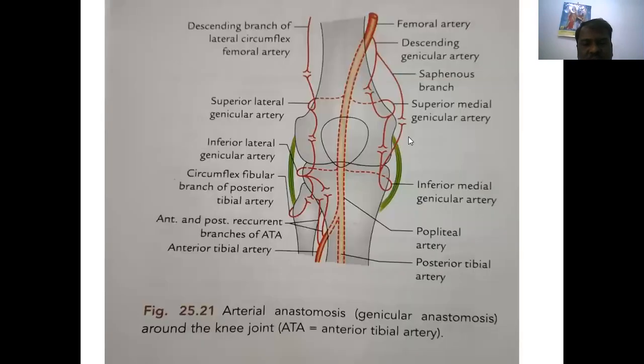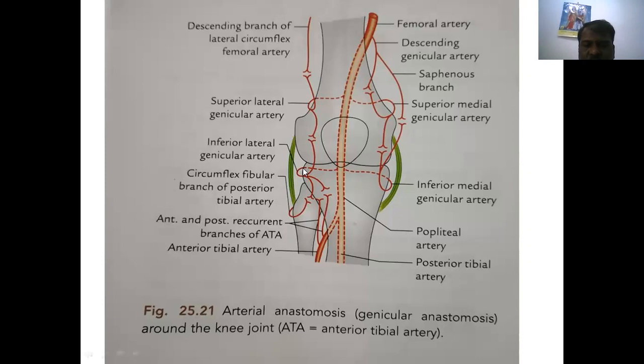See this diagram. This is the descending genicular branch. This is the superior medial genicular branch, inferior medial genicular branch, inferior lateral genicular branch, and superior lateral genicular branch. This anastomoses with the lateral circumflex femoral branch. The superior medial genicular anastomoses with the descending genicular branch of the femoral artery, whereas the inferior medial genicular artery anastomoses with the femoral artery.